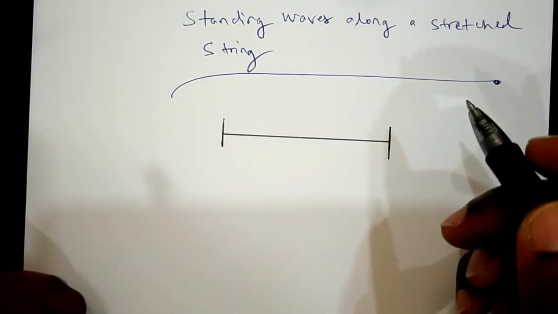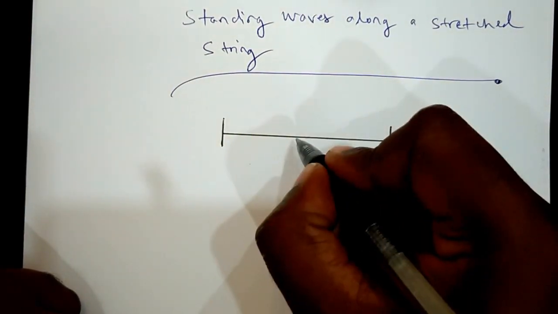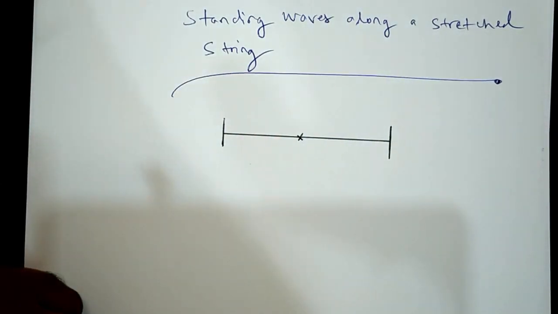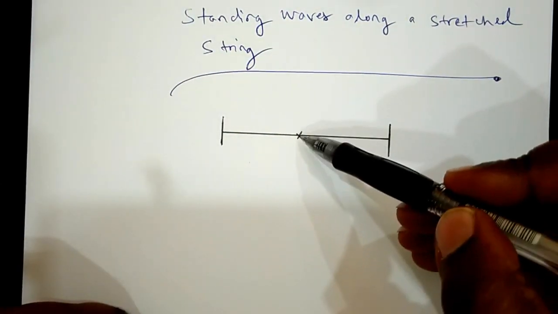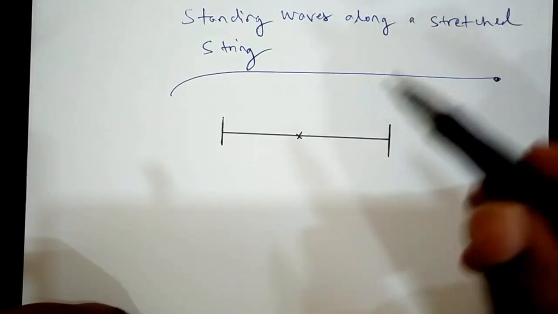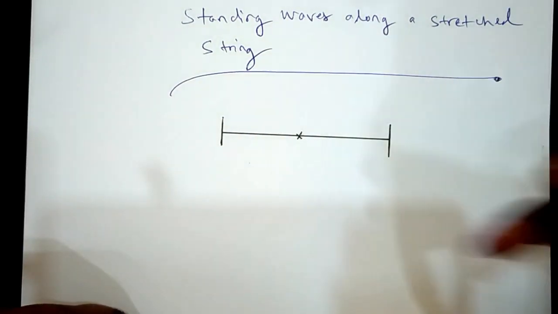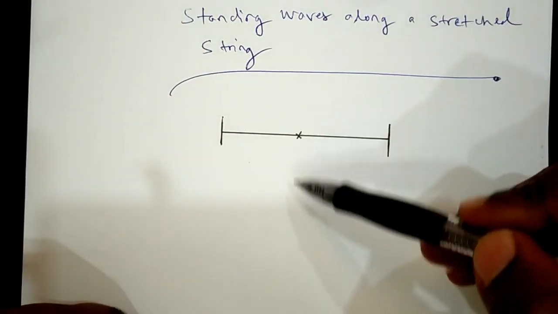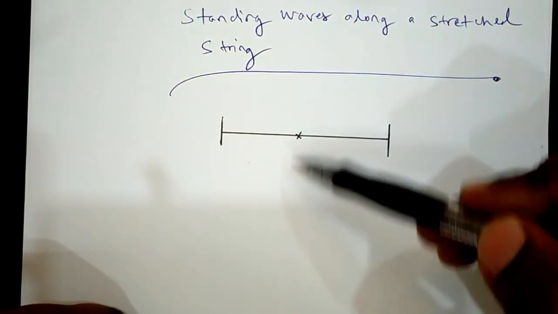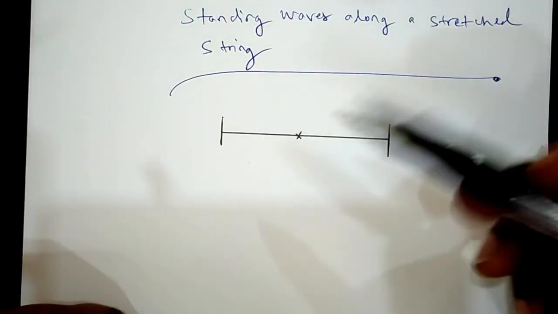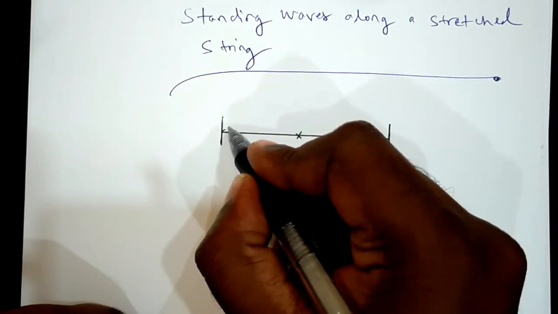When the midpoint of the string is plucked, or we just quickly pull and release at this midpoint, the string vibrates. It will vibrate in this form.